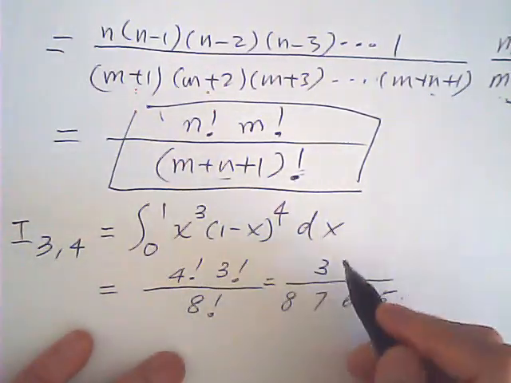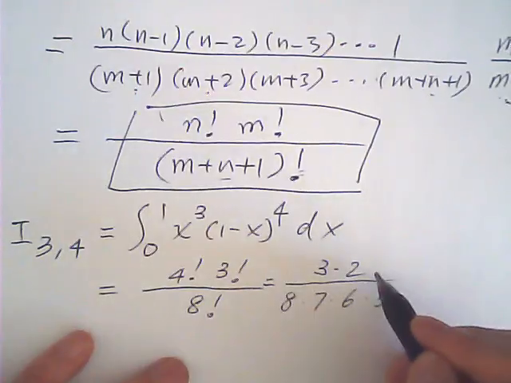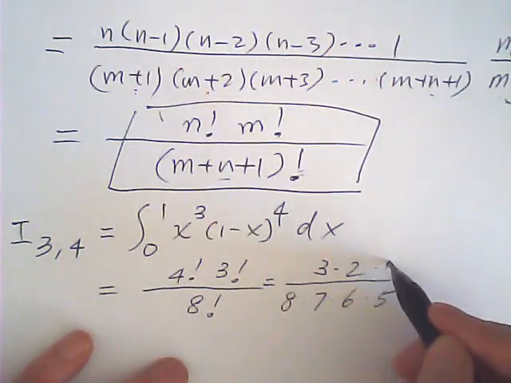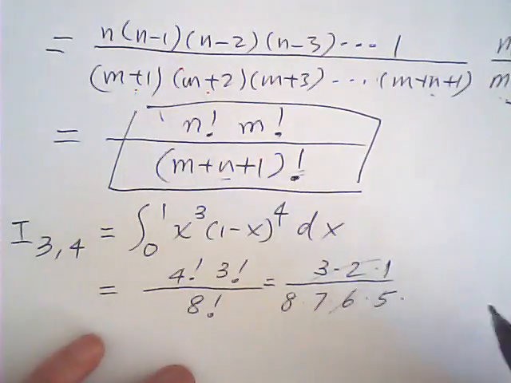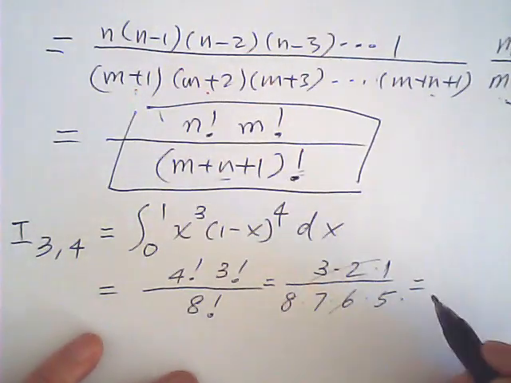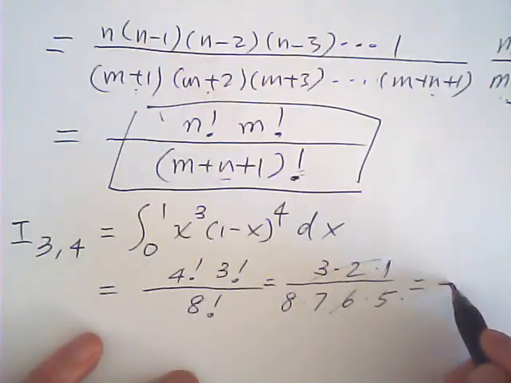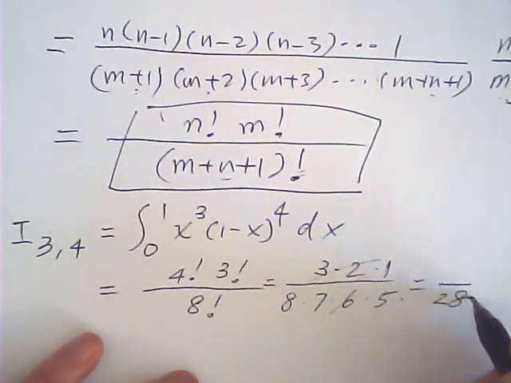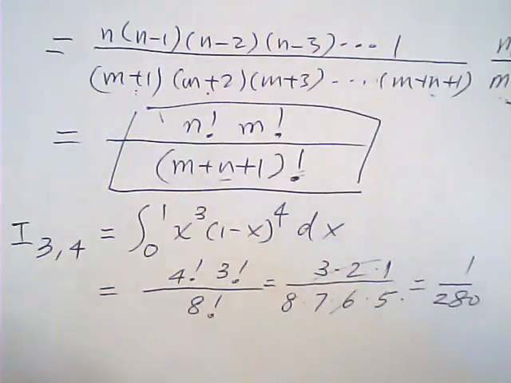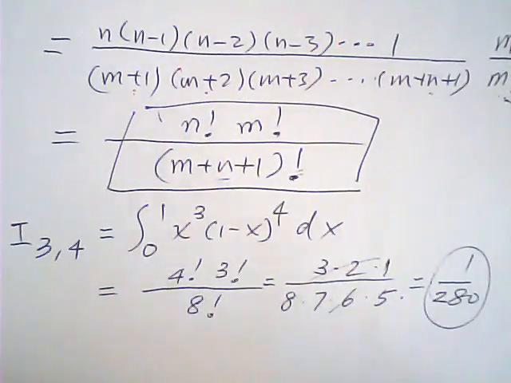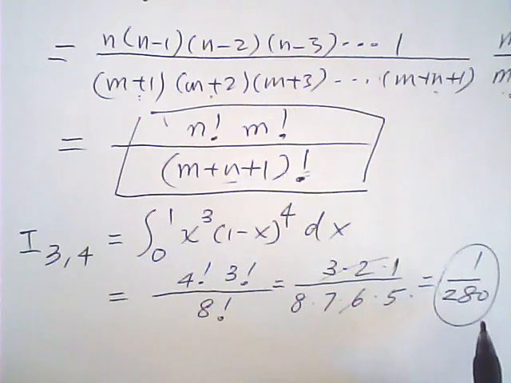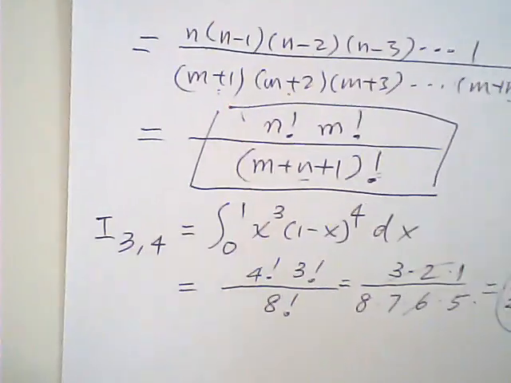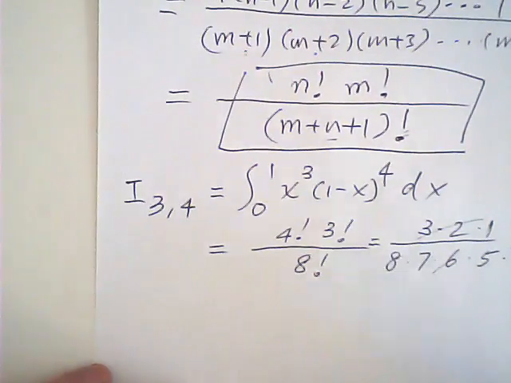And 3 factorial cancels out. So this is 1 over 280. That is the result for this integral. Very good.